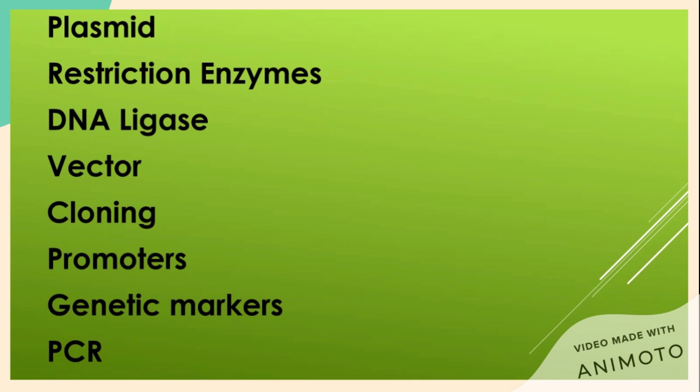So think about this procedure as like a photocopy machine for DNA. It amplifies DNA replication. So in a very short period of time, we are able to achieve thousands of copies of a single molecule of DNA using the PCR method.